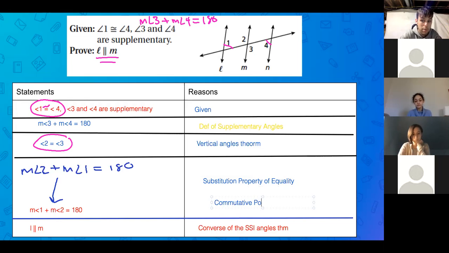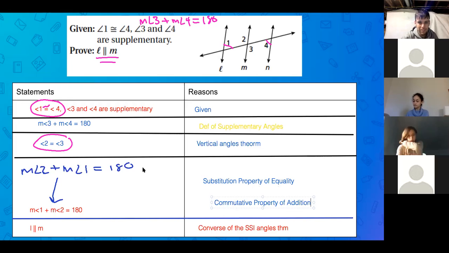The commutative property of addition basically states that I can add things in any order. It doesn't matter. I can do 1 plus 2 or 2 plus 1. I'm going to get the same thing. That's something we know. But technically, I am making use of that to reorder it. But this would also be fine.